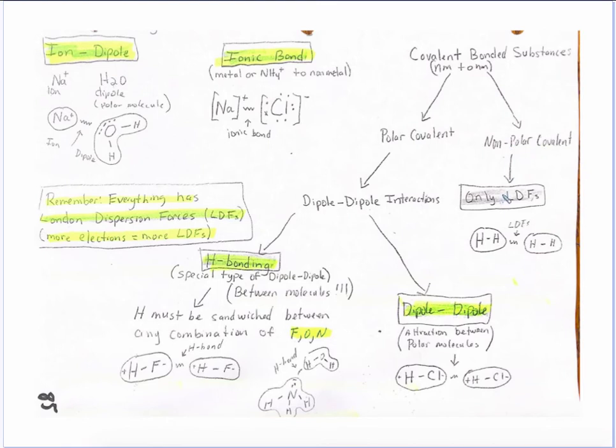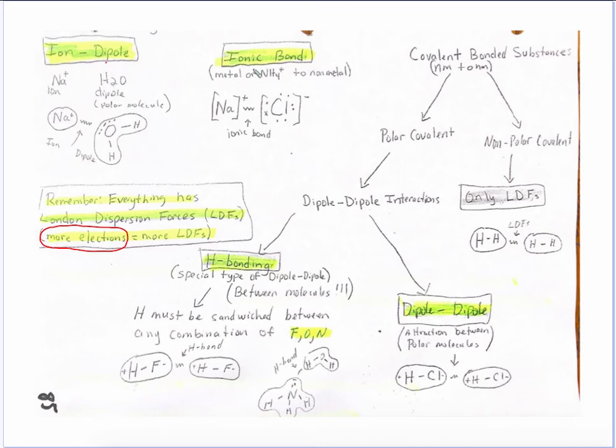If it's nonpolar, all right, then it only has what are called London dispersion forces. And I'm going to go through those also in this video. But here's the thing, this is super important. Everything has London dispersion forces because London dispersion forces are based on electrons, and everything has electrons.